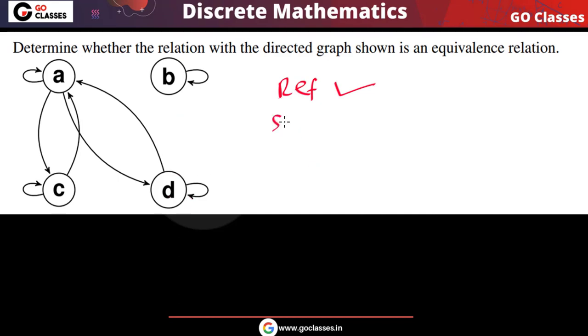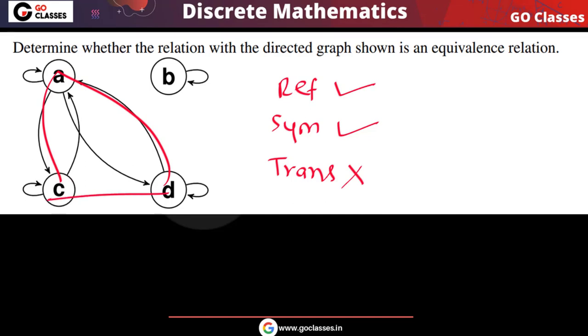This is also symmetric, because if A is related to D, then D is also related to A. Basically all the arrows are bidirectional, so this is symmetric also. But this is not transitive. Why? Because you can notice D is related to A, A is related to C, but D is not related to C. So this edge is missing.